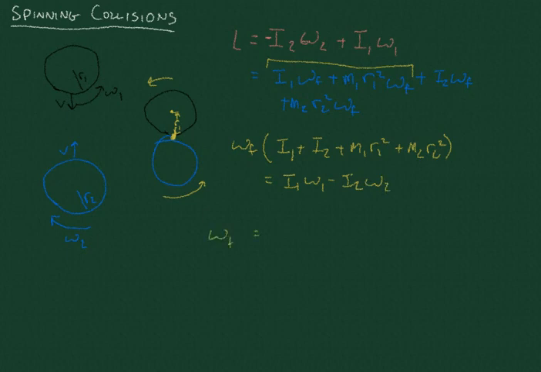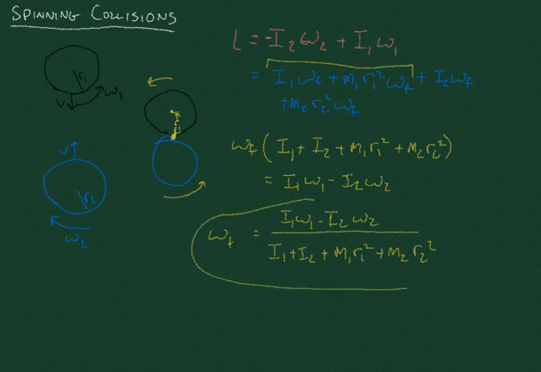So the final angular velocity is I1 omega 1 minus I2 omega 2 all over I1 plus I2 plus m1 r1 squared plus m2 r2 squared.